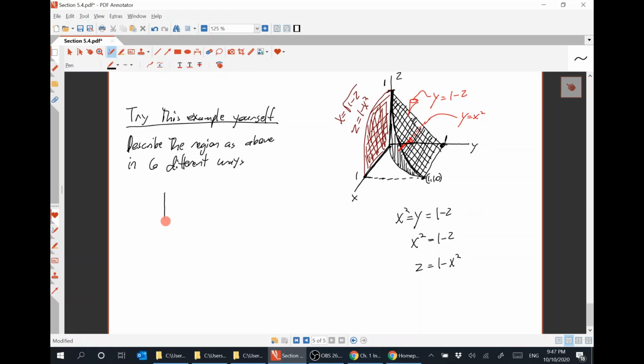So I'm just going to change the idea of that region just a tiny bit. So blocking off one for each variable.